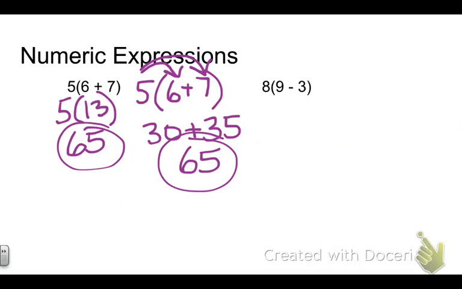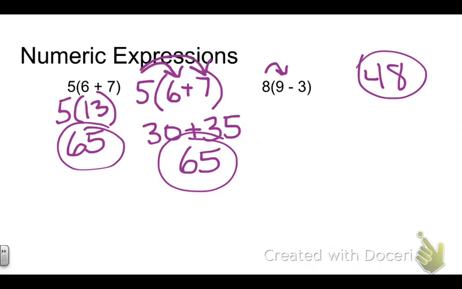So same thing, you could take 9 minus 3 to get 6, and then 8 times 6 is 48. Let me just put that in the corner. All right, and then do the distributive property. That outside number is being multiplied by everything inside the parentheses. So multiply that outside number by everything in the parentheses.